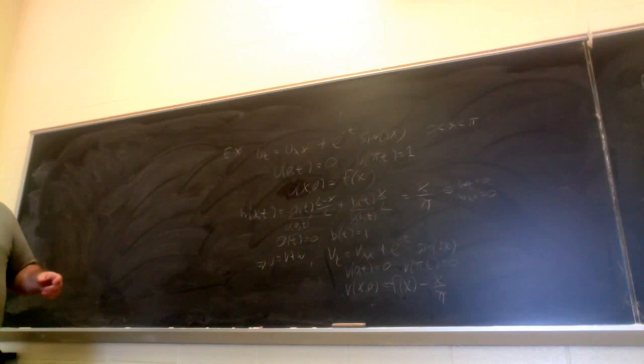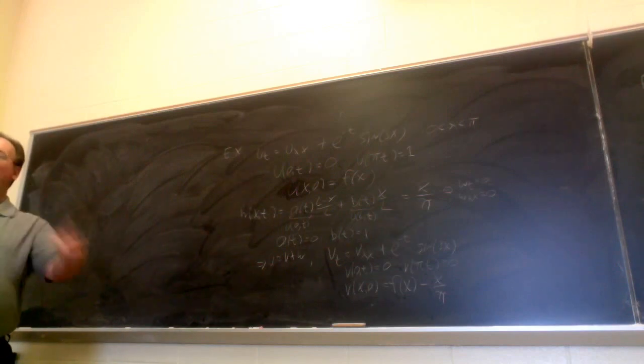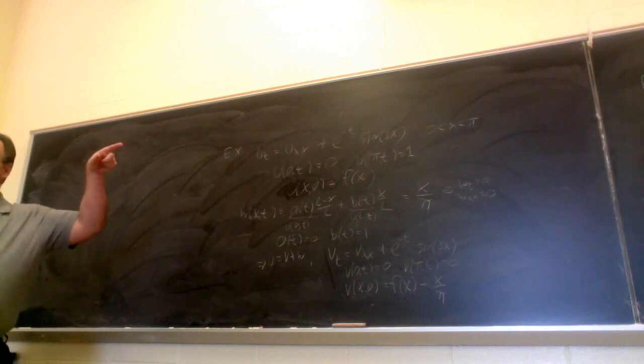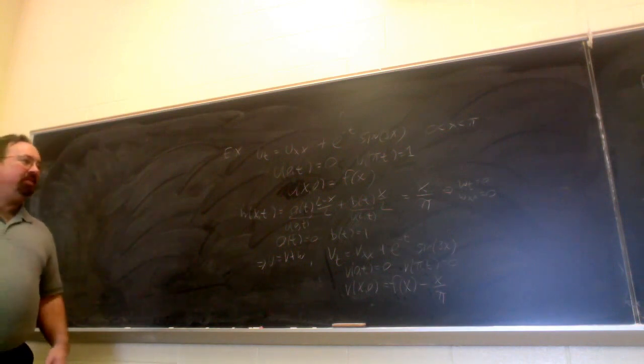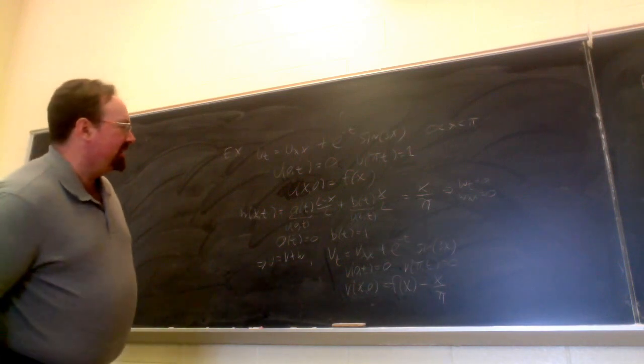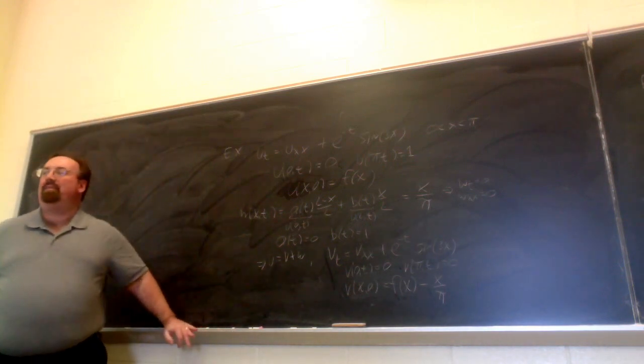You have a term that's going from 0 down to minus 1 when it's supposed to come back up to 0, minus pi over pi. So you're going to get Gibbs phenomenon in your solution.